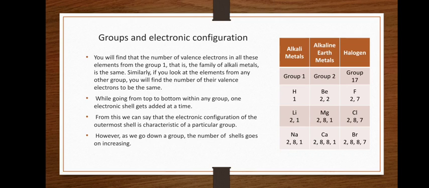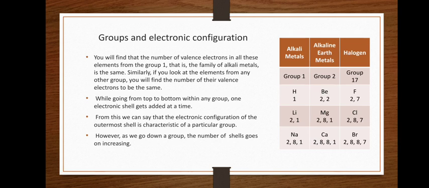It's not 1 here, it's mistakenly written, it will be 2. So you can see that in alkaline earth metals also the number of valence electrons remains the same: 2 2, 2 8 2, please correct that, and 2 8 8 2 for calcium, atomic number 20.